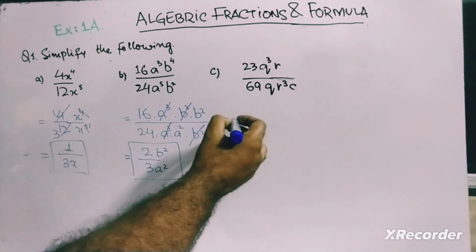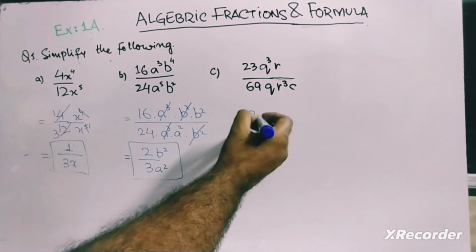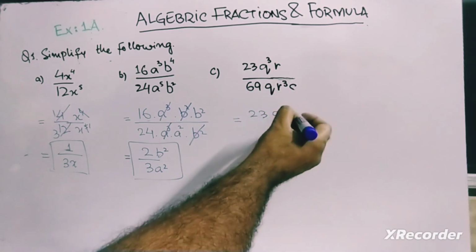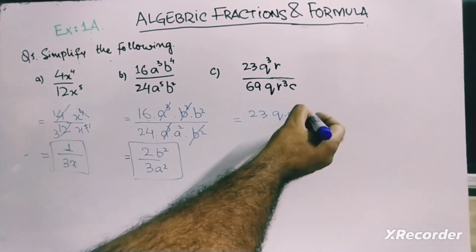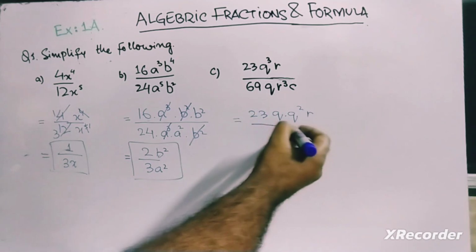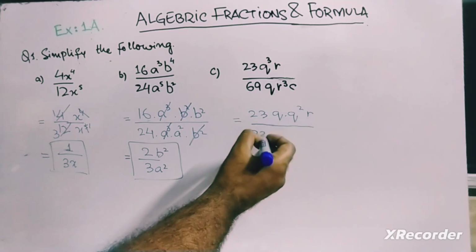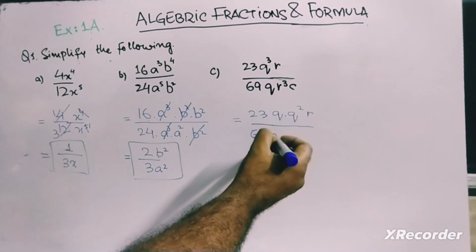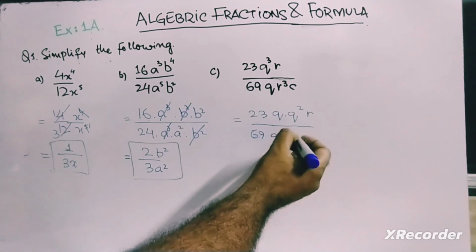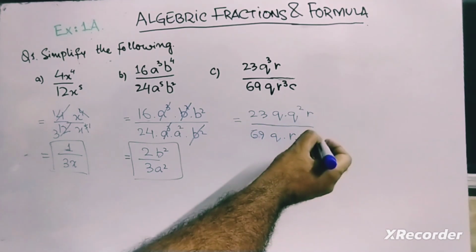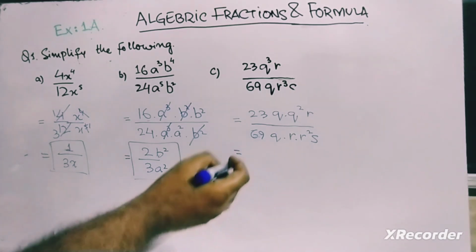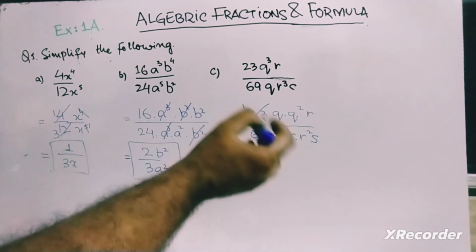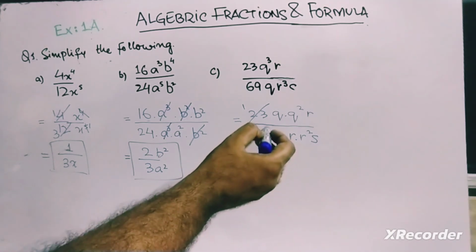Now part C, 23q into q^2 r upon 69q into r^2 s. 23 times 1 is 23, 23 times 3 is 69.